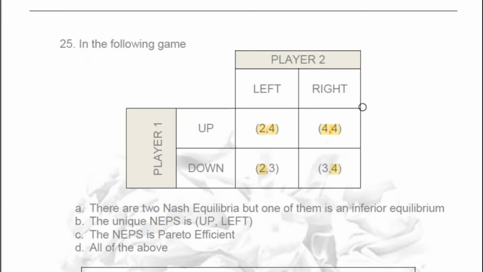So we have, be careful, two Nash equilibria, but one of them, this one, is an inferior equilibrium. It's called inferior because it's dominated by this. Well, the unique Nash equilibrium in pure strategies is up left. Now, the Nash equilibrium is Pareto efficient. Well, we have two, so we can't talk about a unique one. So clearly it's A.